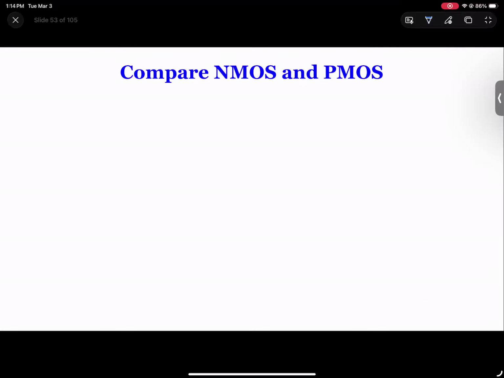So now we're going to do again some comparison with the NMOS. So let's start with the symbol.